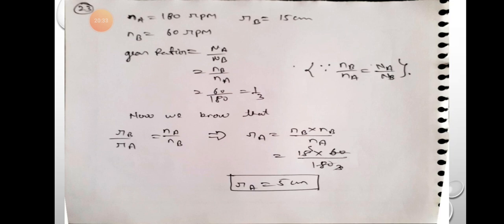Now in the second part you have to calculate radius for the gear 1, that is gear A. So we know that RB upon RA is equals to NA upon NB. Now we have to determine RA, so taking RA to the opposite side and cross multiplying we get RB into NB upon NA. Putting the values and solving we get RA is equals to 5 centimeter.